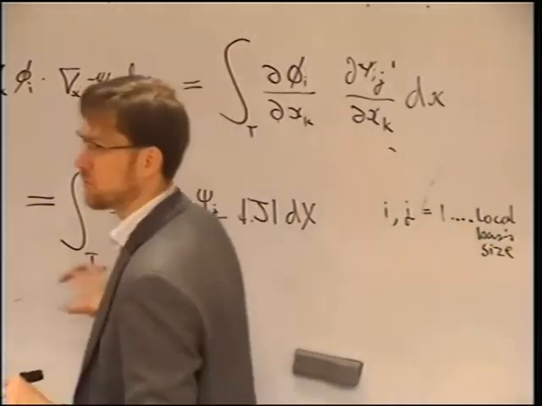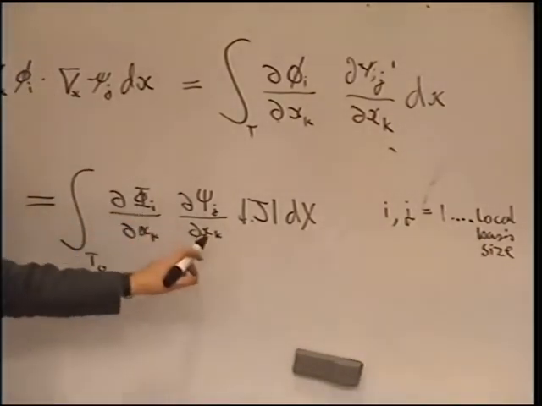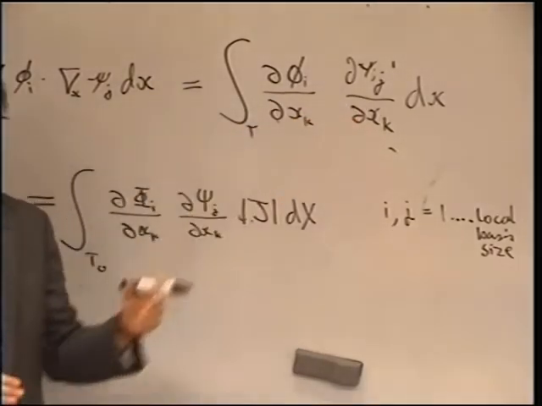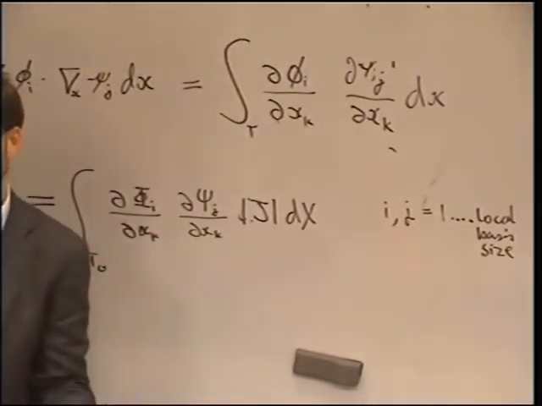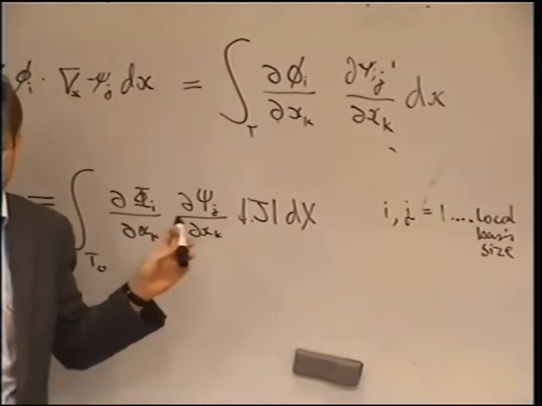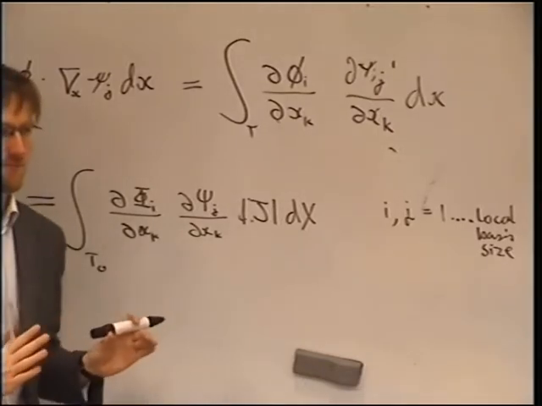So if these were both P1 on triangles, that would mean these would be going from 1 to 3 each, right? Whereas up here, these are looping over however many nodes I have in the entire mesh. This is where, when we restrict to the local one, one of the benefits is we get to not look at most of the data.